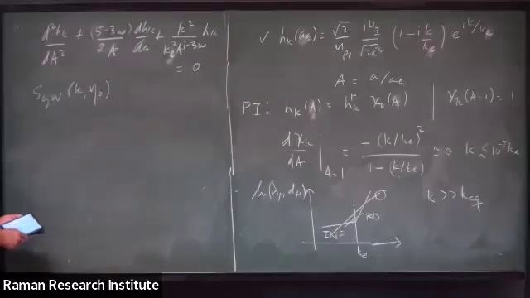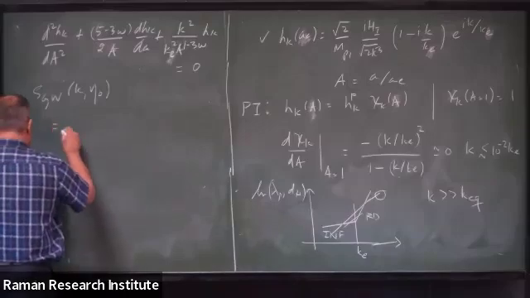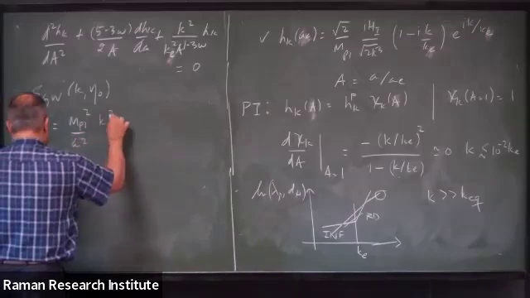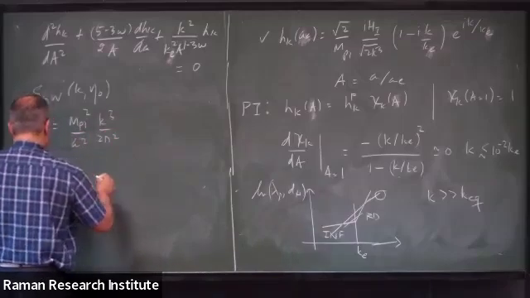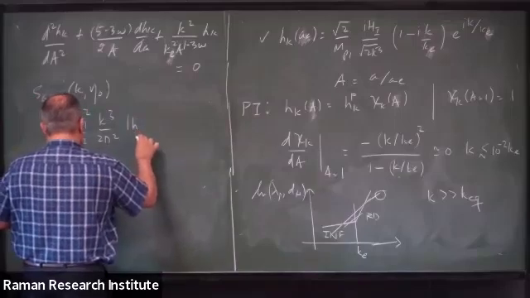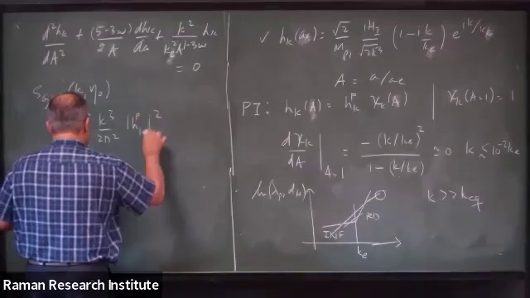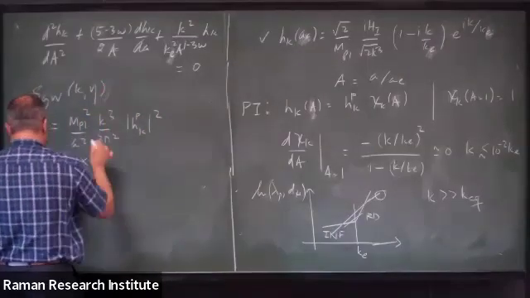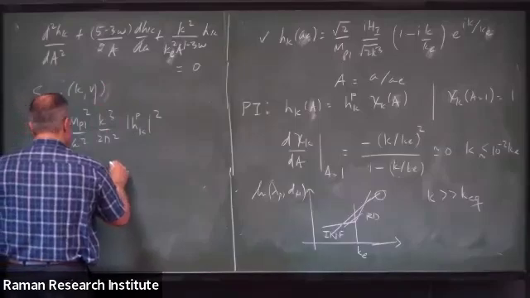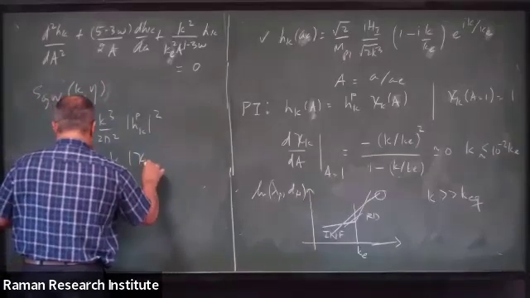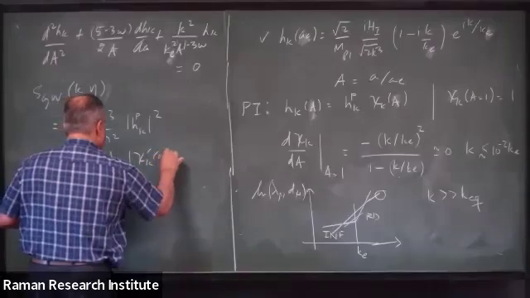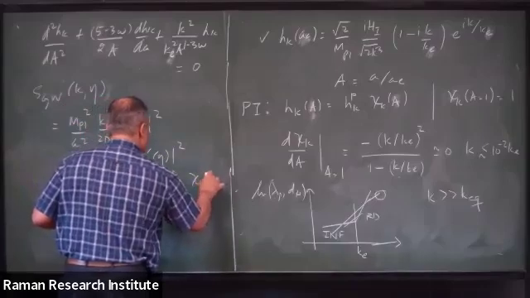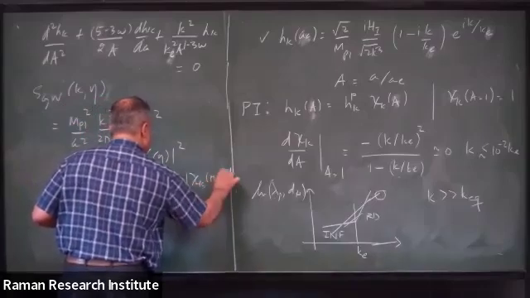So this happens to be M_Pl squared, k cubed by 2 pi squared, mod h_k P whole squared, into, at any given time eta, half chi_k prime of eta squared plus k squared by 2 pi, chi_k of eta mod squared.